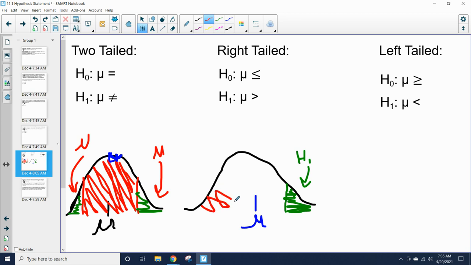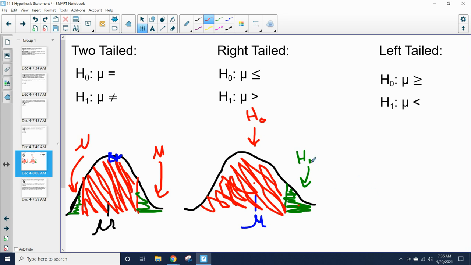If I show up in that red section, that's going to show that my null hypothesis is correct. But if I show up in that green section, that's going to show that my alternative hypothesis was correct. So if our research finds a mean here, then we know the alternative hypothesis is correct. If our research finds a mean here, we know that our null hypothesis is correct. So this is a right-tailed test.